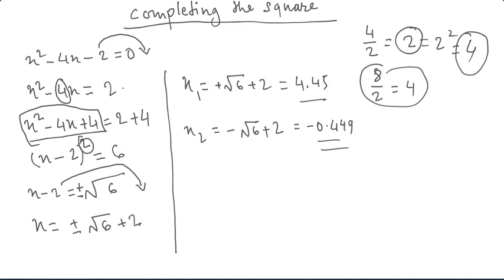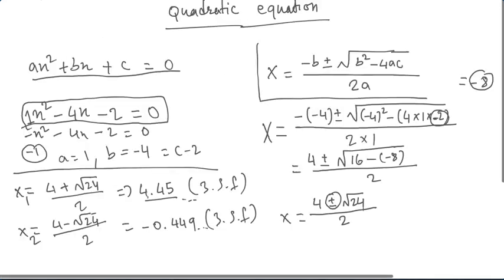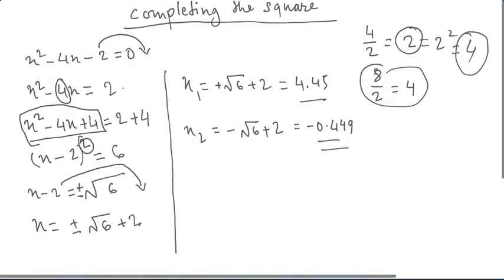So we have the same answer, right? Here 4.45 and negative 0.449. So this way we can solve the quadratic equation by either of the two methods, completing the square or using the quadratic formula.